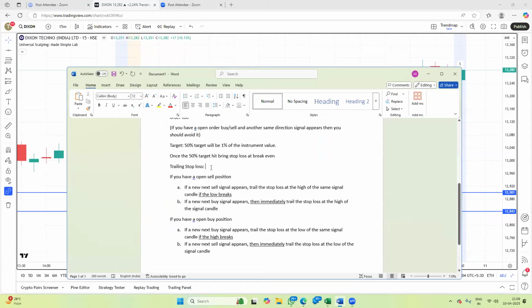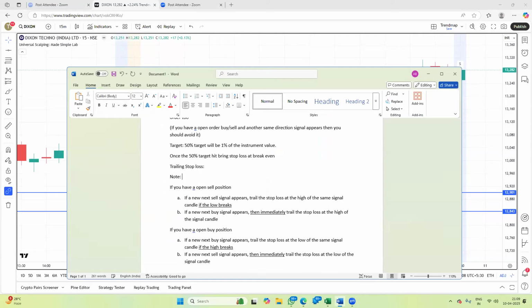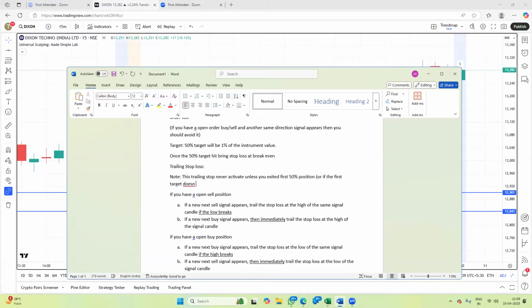So we must have a note here that this trailing stop never activates unless you exit the first 50% of positions, or if the first target doesn't hit, then you should not trail the stop loss.